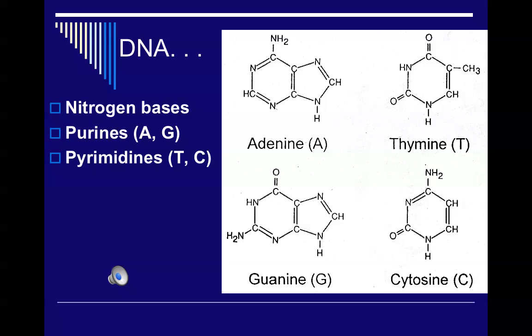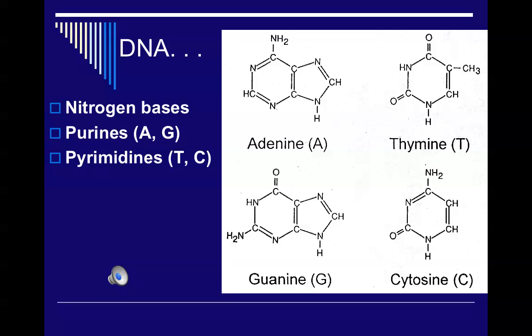Which one bonds with which? Well, it's going to depend on quite a few things. But ideally, when we have the proper kind of hydrogen bonding between the purines and pyrimidines, we're going to find that guanine will always hydrogen bond with cytosine in the essential ideal formation of DNA, and thymine will always hydrogen bond with adenine.